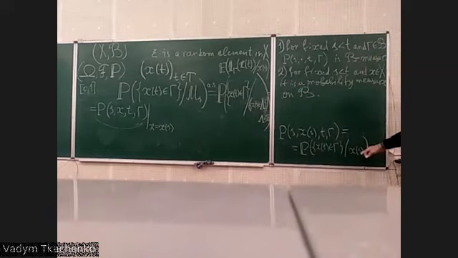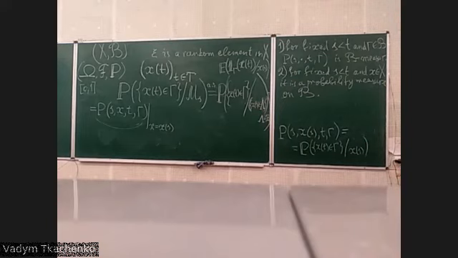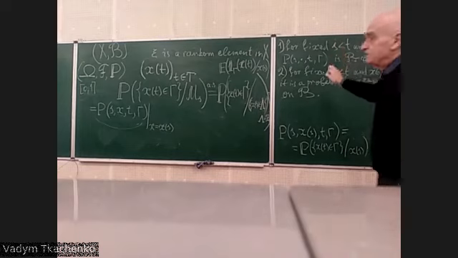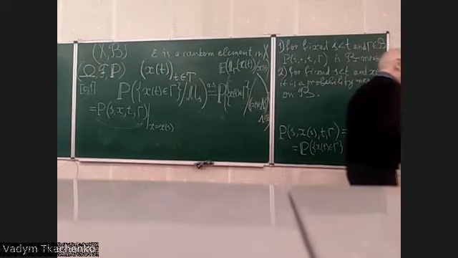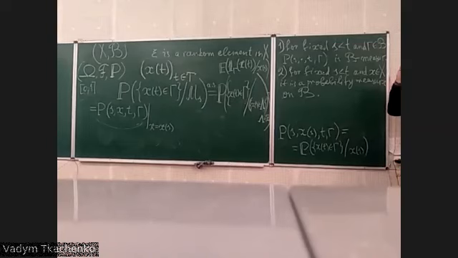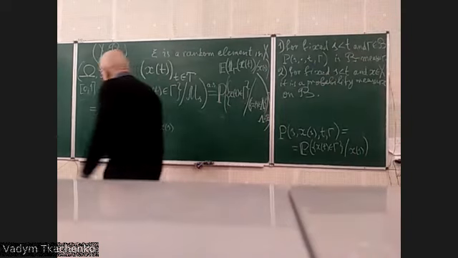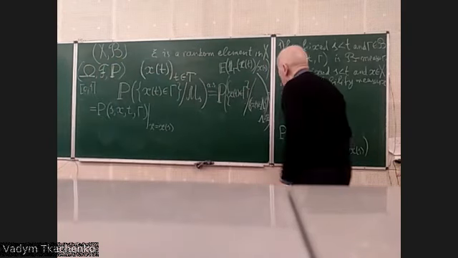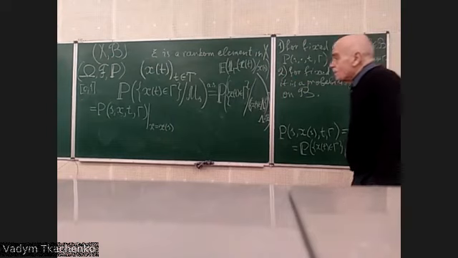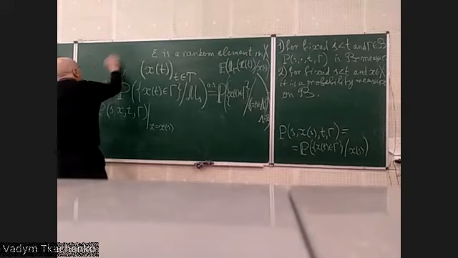I write here x of s instead of the sigma algebra that is generated by this random element. Okay, so such a version of our function exists according to the general theorem on the existence of regular conditional probability. You can find this theorem in many monographs on probability theory. And now I would like to draw your attention to the following circumstance.